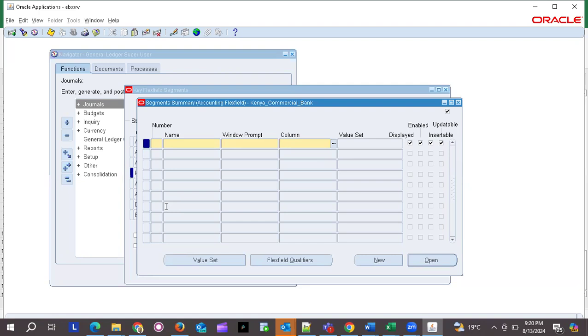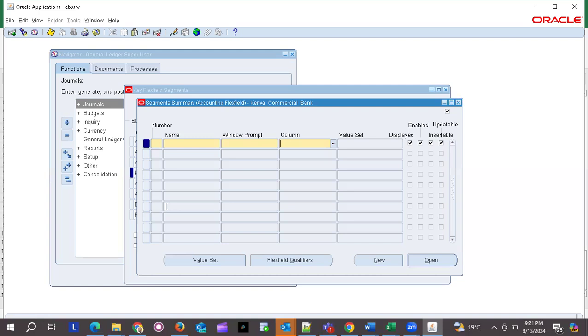We'll see how we can enable the currency. What else? And then we'll go to creation of the chart of accounts. After creation of the chart of accounts, we'll go straight to the primary ledger because we can only have the primary ledger when we have the 4 C's. That is the currency, calendar, chart of accounts, and the accounting method.